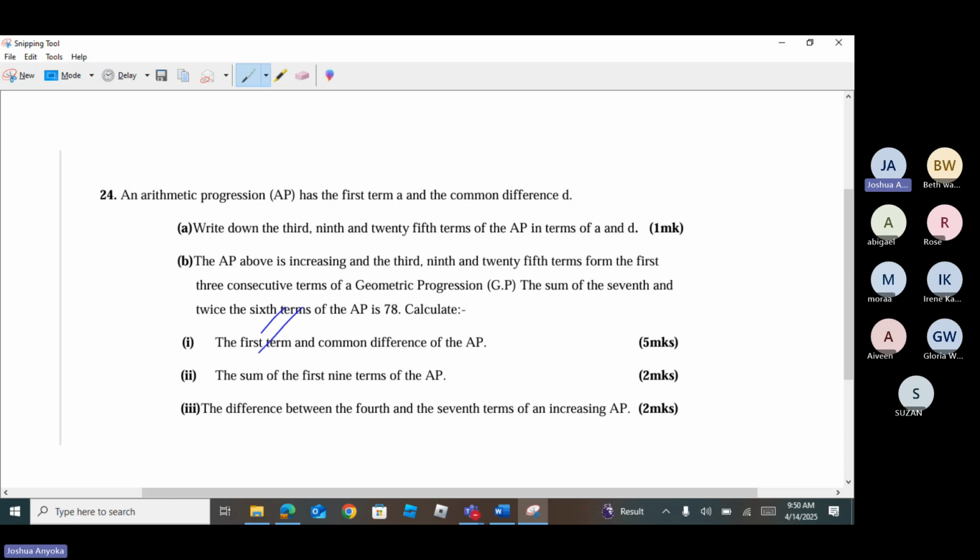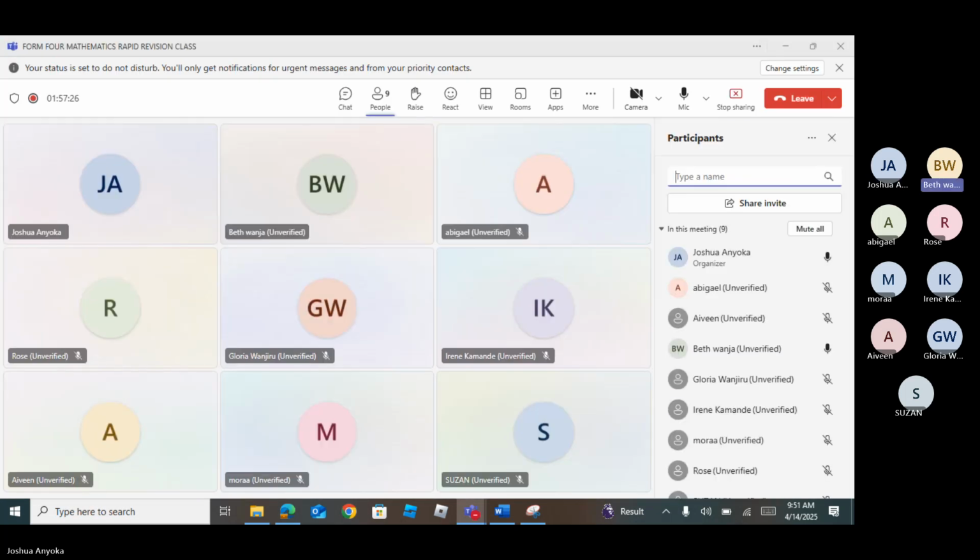Rose, first term ilikuwa gani? What was the value of A? Rose, are you here? Well, now it is time to talk.